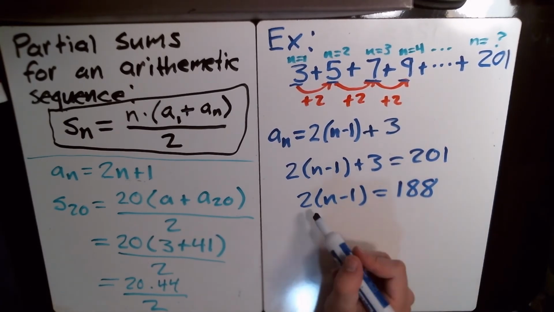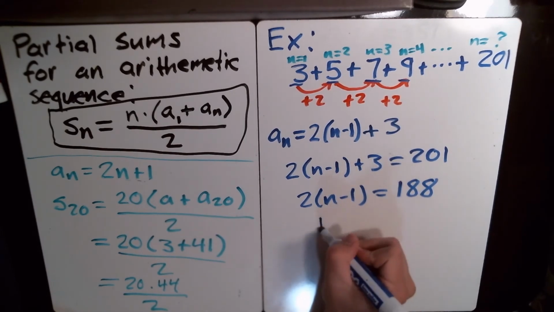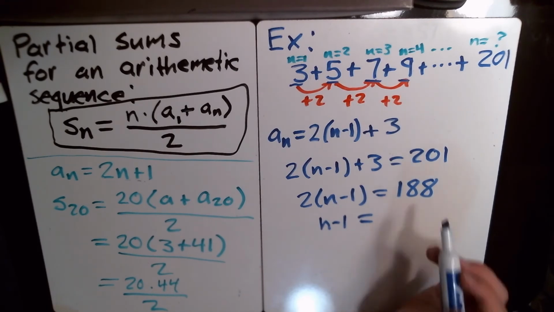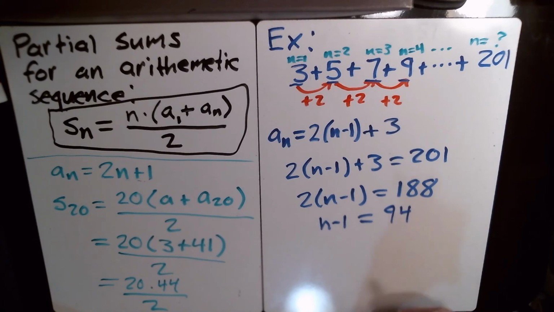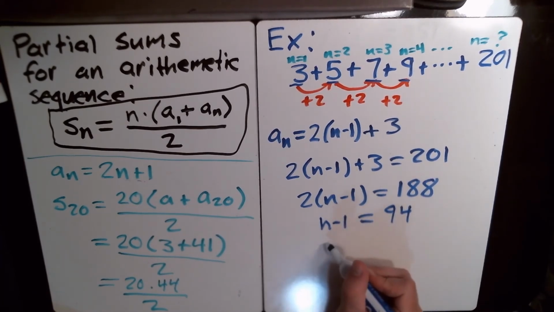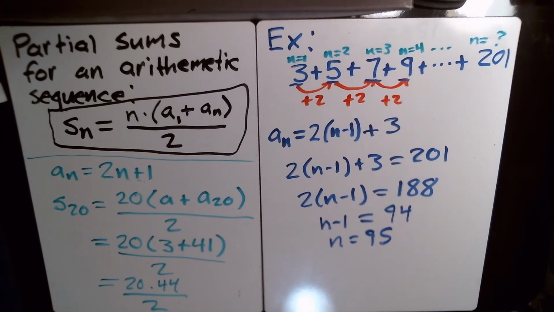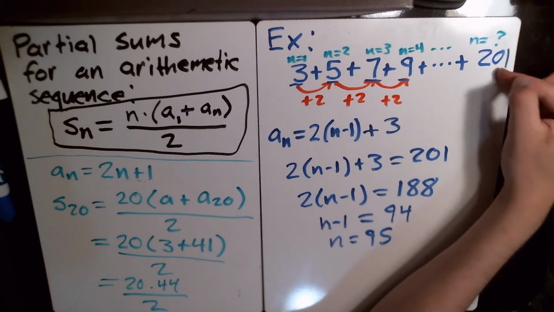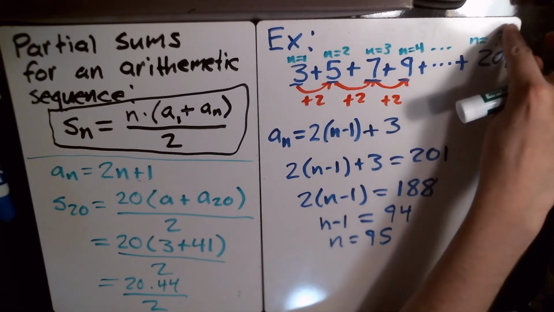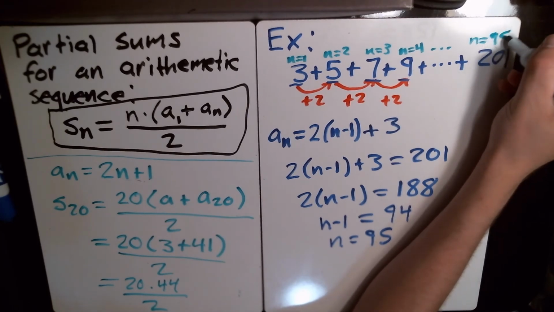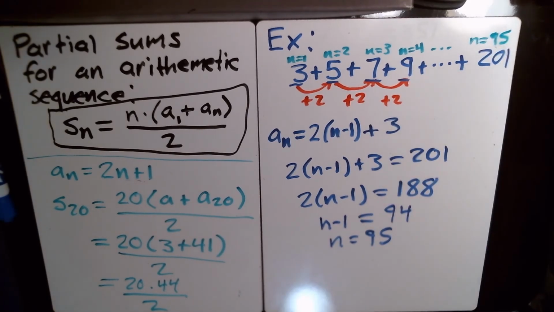Now we'll divide by 2, so we get n minus 1 is equal to 94, I believe. Then we just add 1, so we get n is 95. So that means that right here at that term, we no longer have to wonder about it. n is 95 will give us 201.